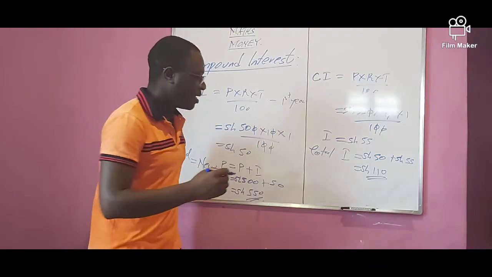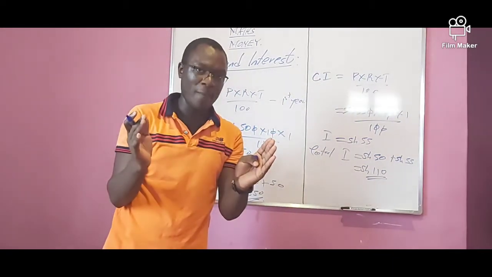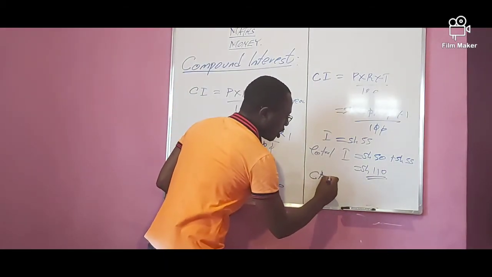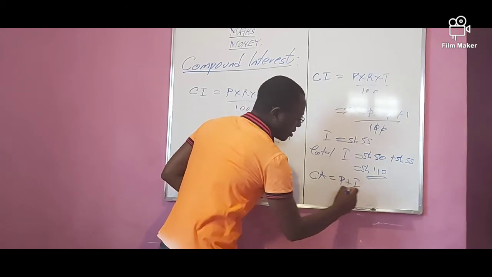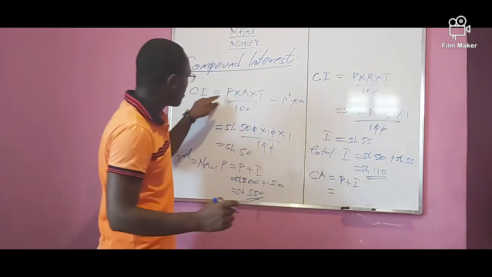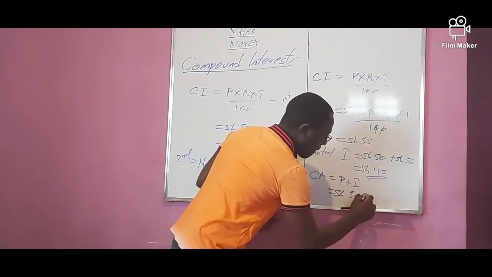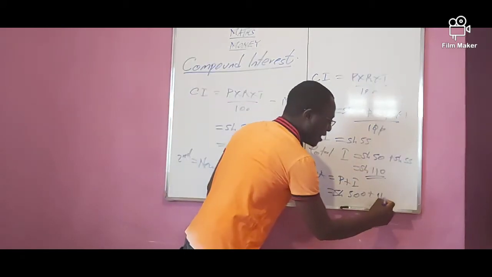If you ask for the compound amount, the total amount at the end of the year, compound amount is equal to principal plus interest, which is equal to the first principal, 500 shillings, plus the total interest, 110 shillings.